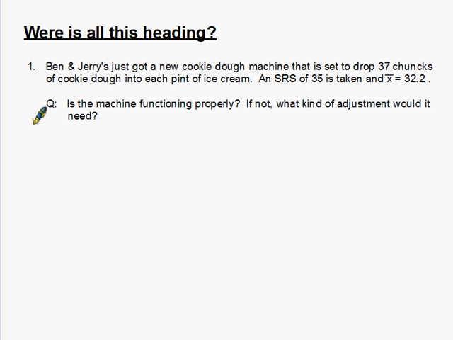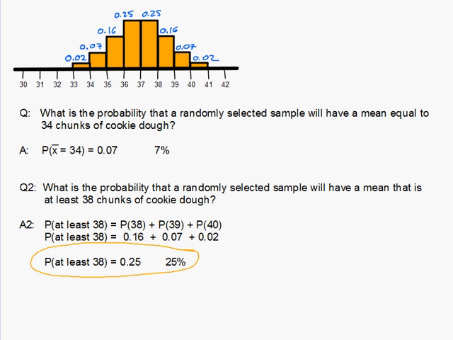What you are going to want to do is look back at this sampling distribution, and that's going to tell you, where is the 32.2 in the sampling distribution? Once you've located it on the sampling distribution, and of course 32.2 is over here, what is that telling you about how the machine is functioning?